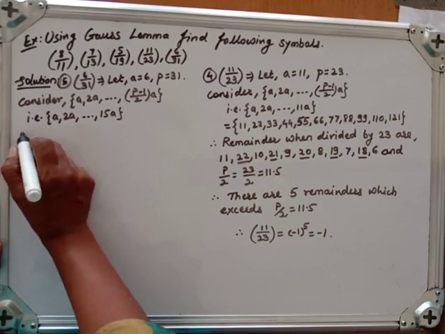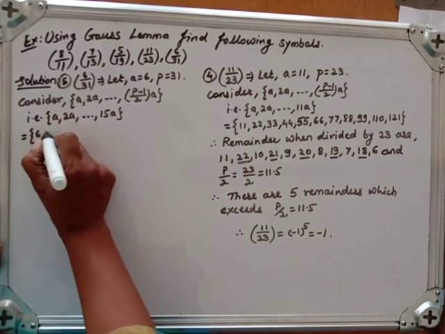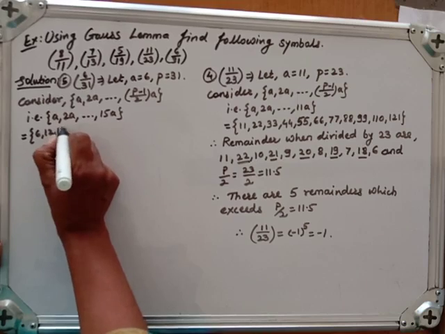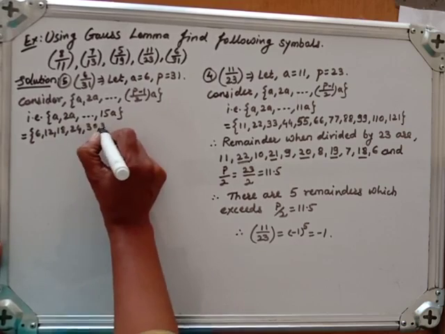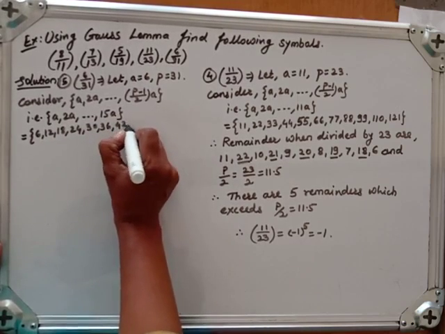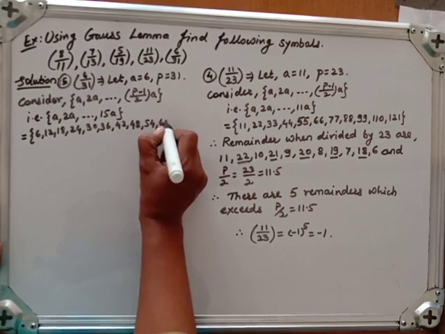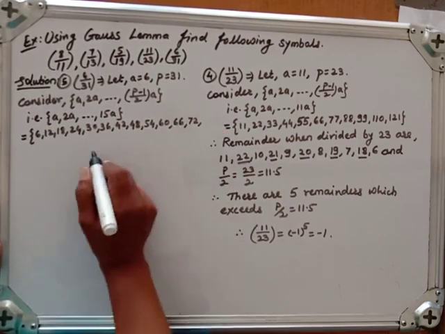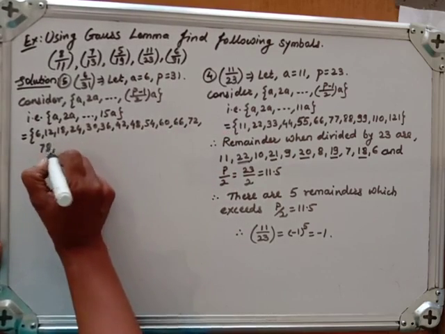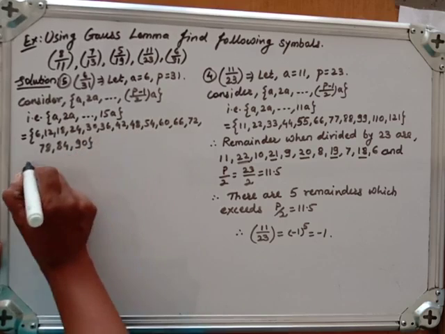what we get here is 6, 12, 18, 24, 30, 36, 42, 48, 54, 60, 66, 72, 78, 84 and 90. Okay.